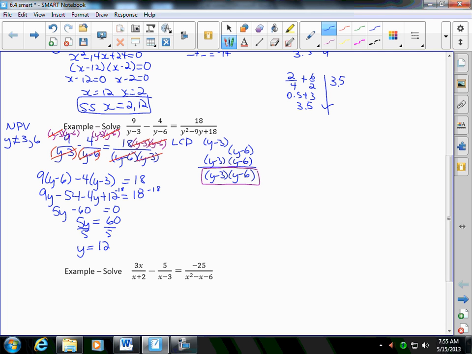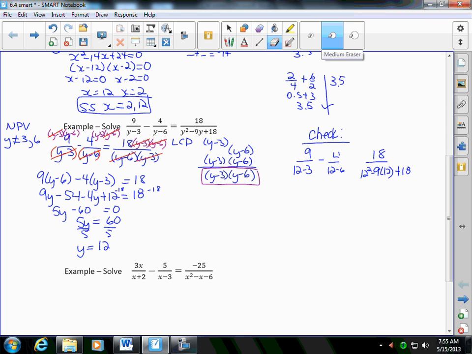I do my check. So my left side is 9 over 12 minus 3, minus 4 over 12 minus 6, is equal to 18 over 12 squared minus 9 times 12 plus 18. And that shouldn't be an equal sign there, so just put the bar. So I have 9 over 9 is a 1, minus 4 over 12 minus 6 is 6, so I'll leave that as 2/3.